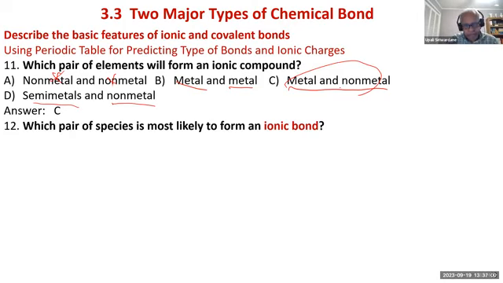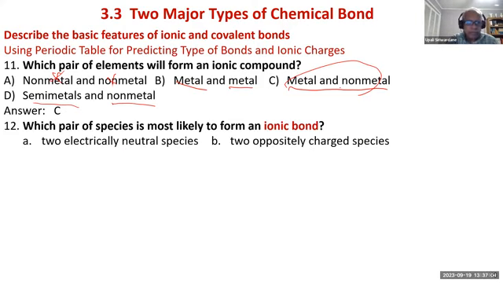Which pair of species is most likely to form an ionic bond? Two electrically neutral species? No, that's false. Two oppositely charged? That's correct. Cation and anion.